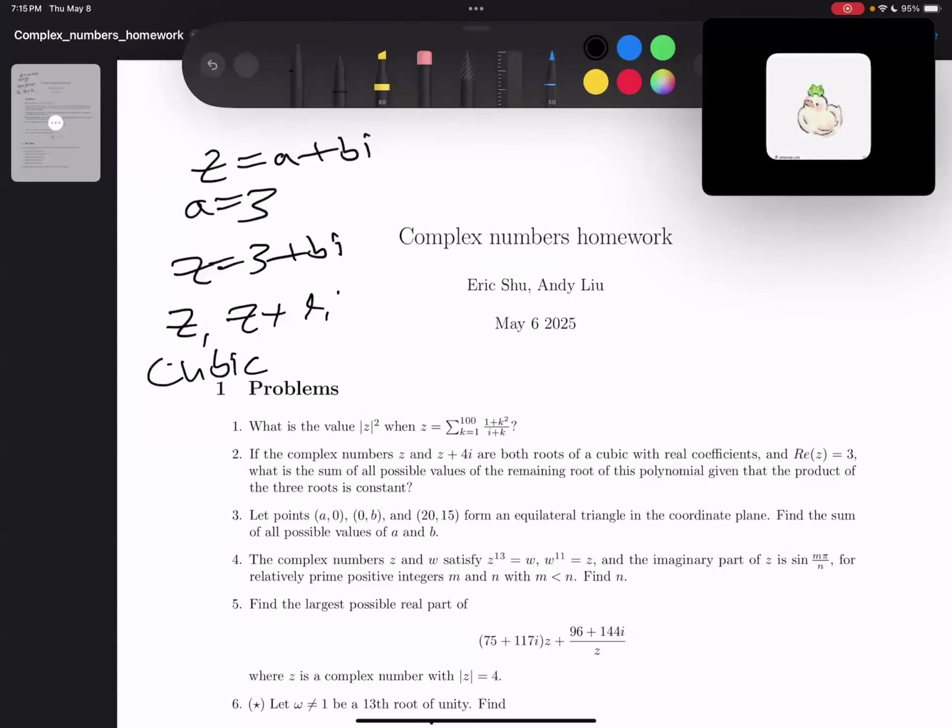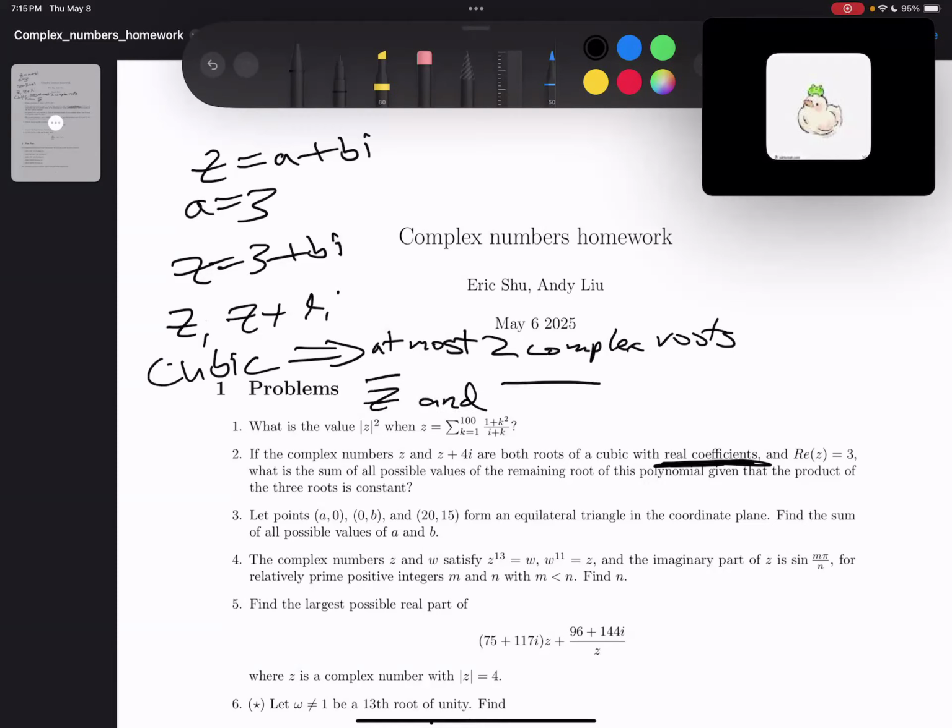We talked about in the lecture that for every polynomial with real coefficients, if there's a complex root, then its conjugate is also a root. And if the root is real, then the conjugate will be itself.